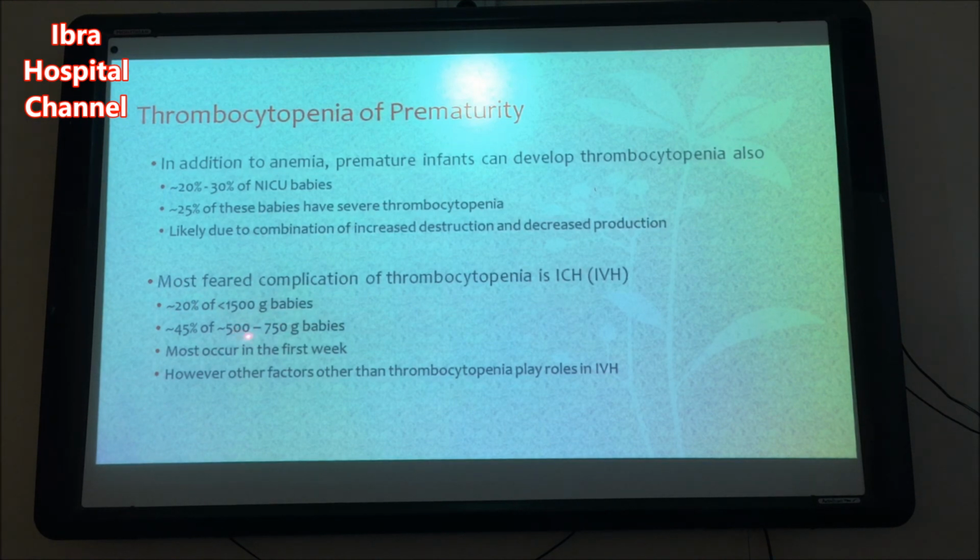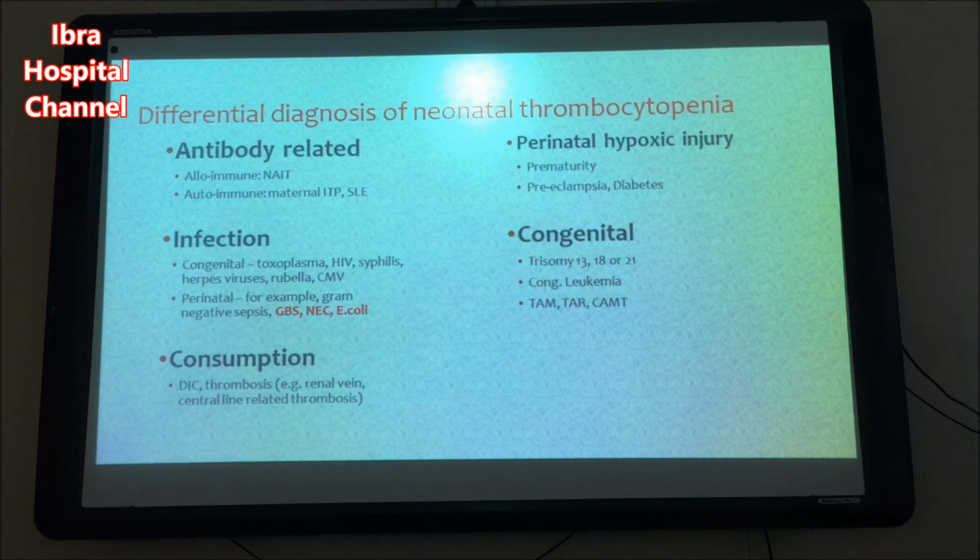If the baby is born very, very low weight, half a kilo, less than 1 kilogram, there is a 45% risk of developing intracranial hemorrhage. And most of these intracranial hemorrhages occur in the first week. However, factors other than thrombocytopenia play roles in intraventricular hemorrhage, such as coagulation factors and other things.